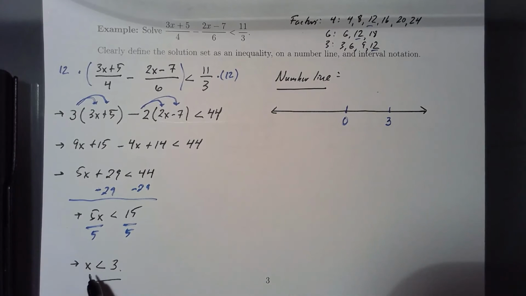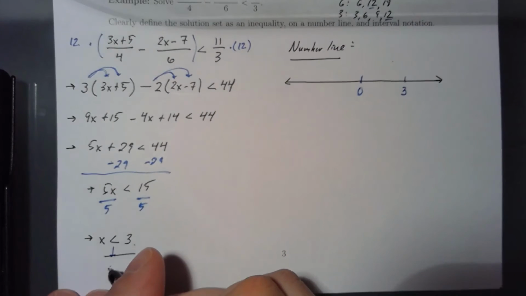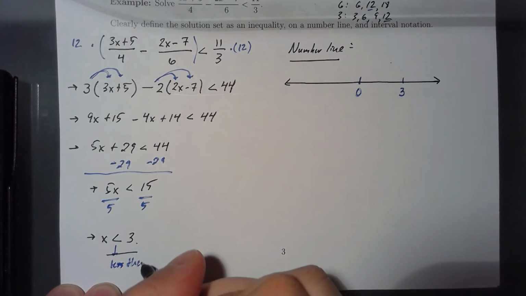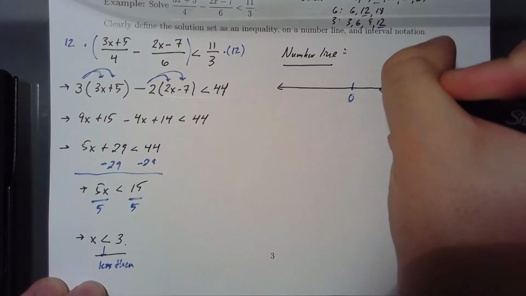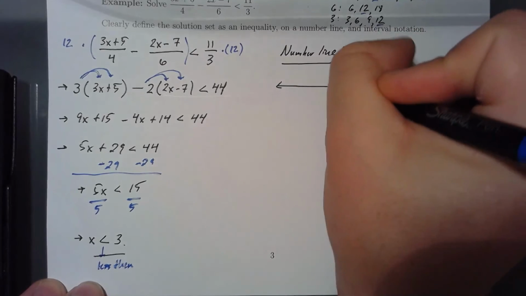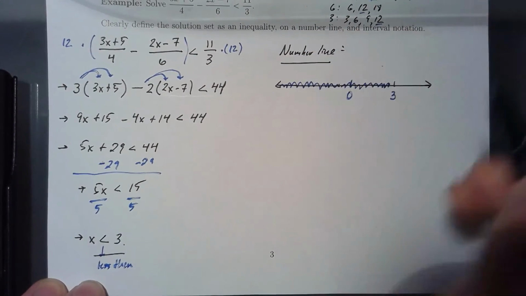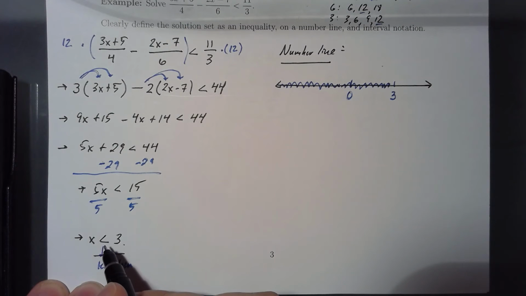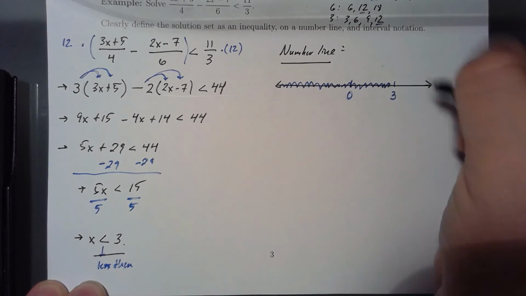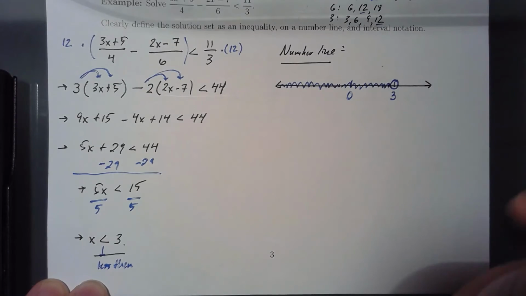Now everything, this is less than. So everything to the left of 3 will be shaded. Now, do I include 3 in the interval? No, I do not, because this is just strictly less than. So when I get to 3, it's going to be open.